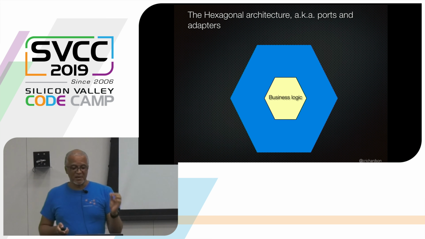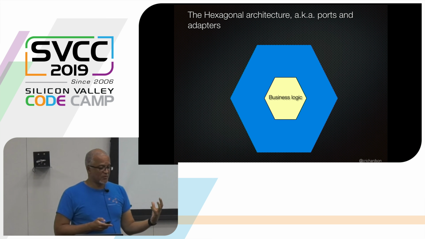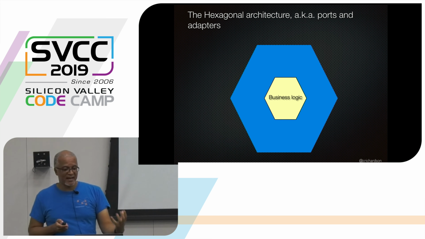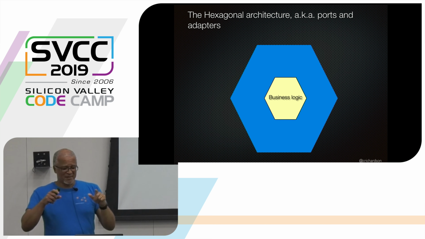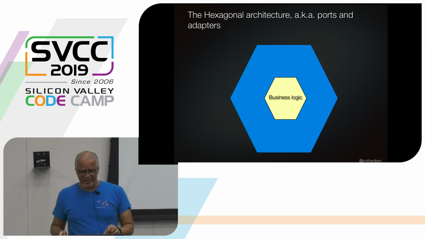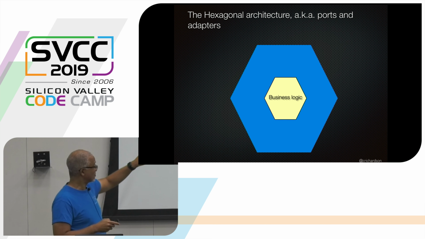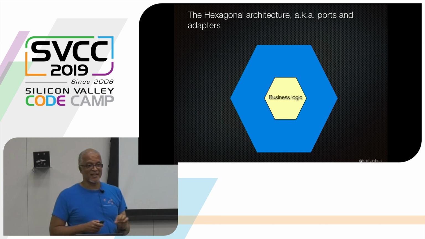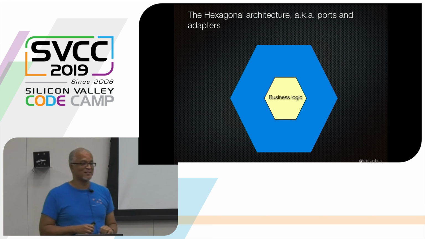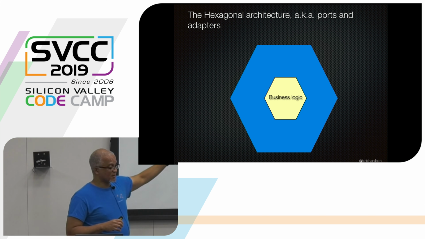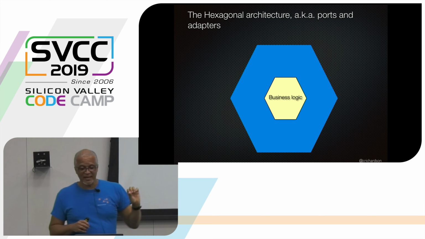And I find that a much better way of viewing a service is using the hexagonal architecture. I think there was a talk on that earlier today, right? It also goes by the name of ports and adapters architecture. So in this, you have a visually attractive hexagon, well, a couple of hexagons, where the business logic is the core of the application.